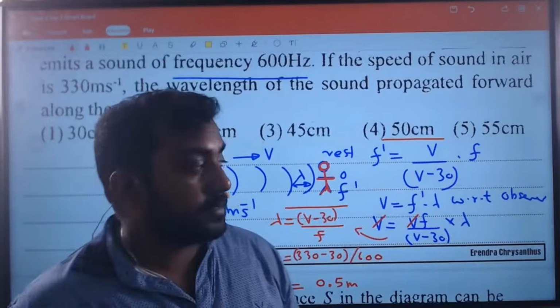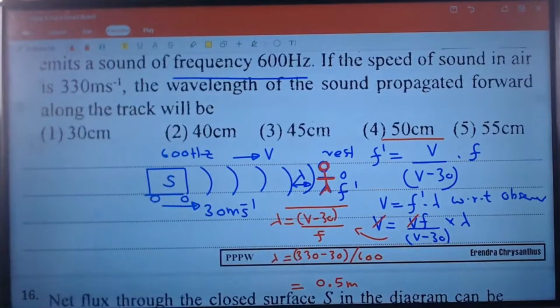Carefully write it down once you need it. It's very simple and direct.